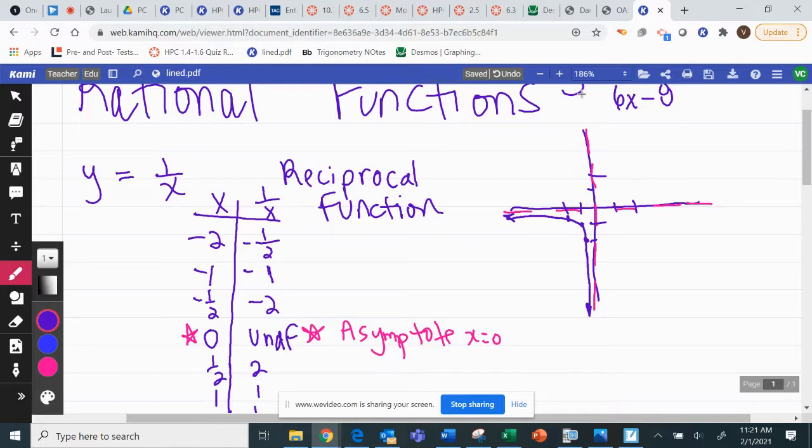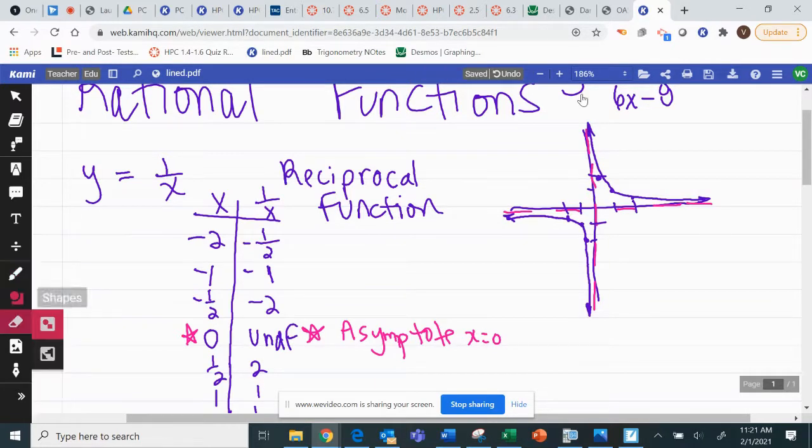It looks like a little curve. It's getting closer and closer to your x and y axes, but never passing through. Okay, and that was our reciprocal function.